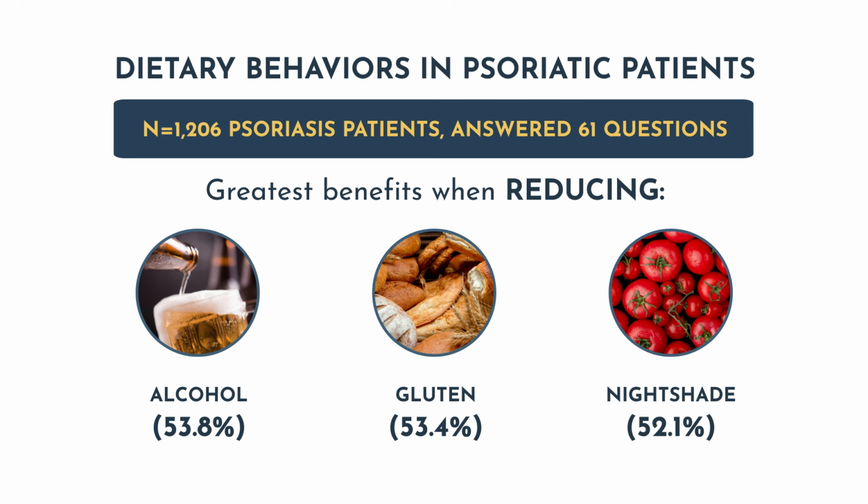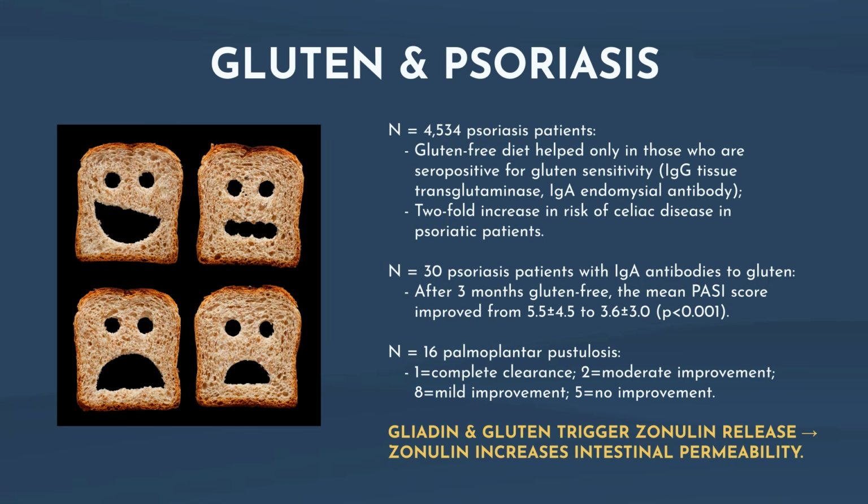Well, when we look at gluten and psoriasis, we see that it really makes a big difference for certain patients, and it may make no difference at all for others. So there was a study of 4,534 psoriasis patients, and a gluten-free diet only helped those who were seropositive for gluten sensitivity, being IgG tissue transglutaminase or IgA endomysial antibody.